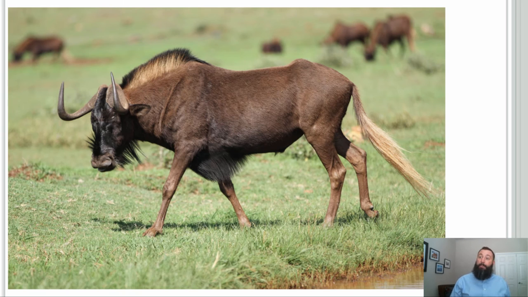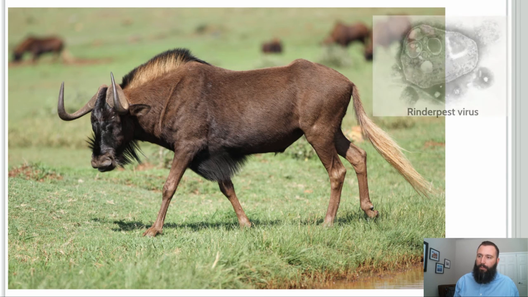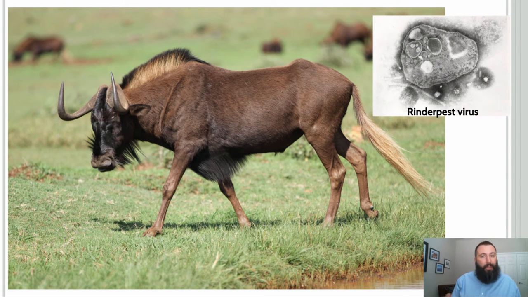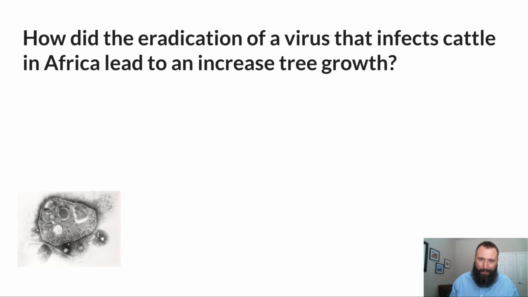All right, so in the module today, what you're going to do is go through a case study that discusses the transmission of the rinderpest virus from cattle and wildebeest living in the Serengeti, a savanna area in Africa. As you go through that case study, I want you to really think about density-dependent population regulation and density-independent population regulation.